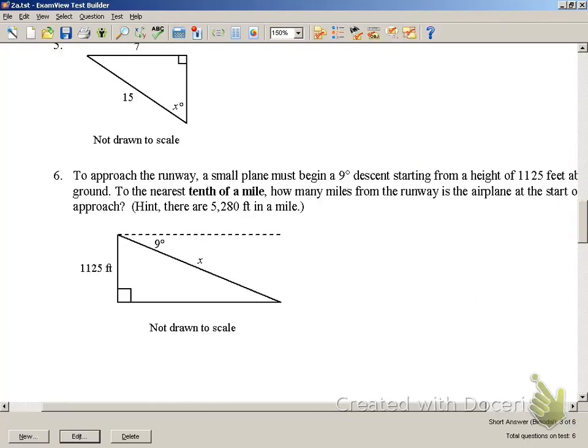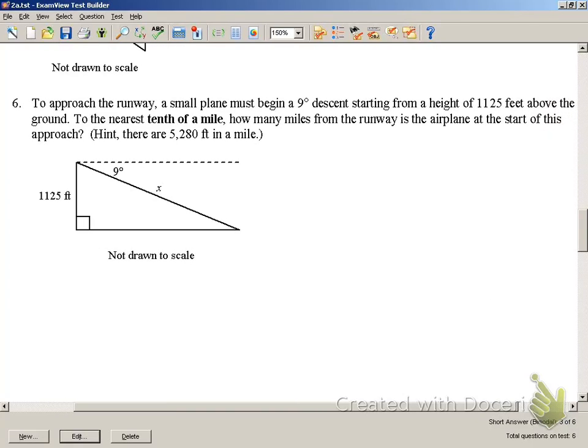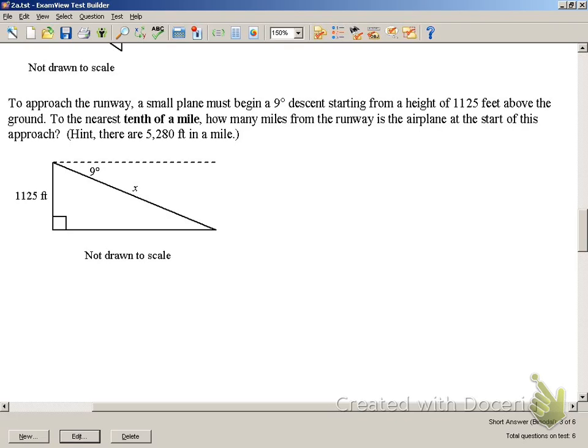Number 6. It says to approach the runway, a small plane must begin a 9-degree descent. That 9-degree descent is evident here.